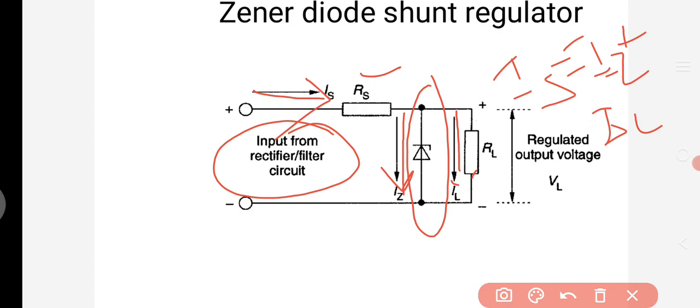The voltage across this RL will be called the regulated output voltage, that is VL. This is our Zener diode shunt regulator. The input for this regulator circuit is from either a rectifier circuit or a filter circuit.